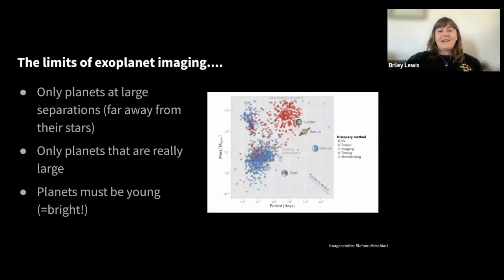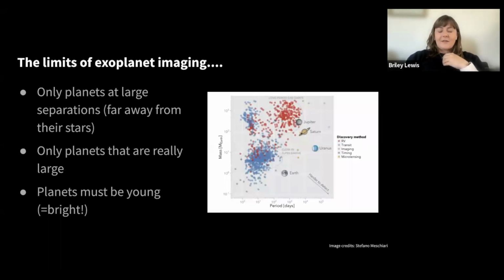And so that is something that we're currently limited by because we need to see something bright enough to make it beyond that glare of the star. And again, this is something people are really working on, trying to find smaller, fainter planets so that we can image a whole solar system instead of just the big outer ones.